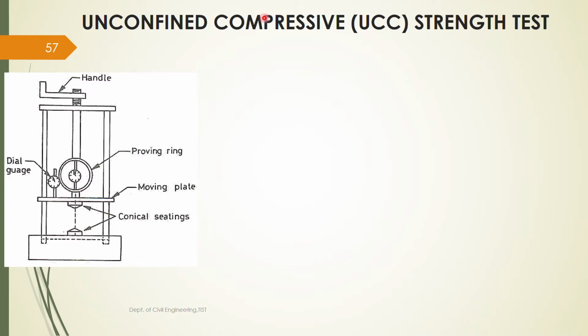Now, if you compare unconfined compressive strength with the triaxial test, we can see that here we are not providing any sigma 3 value. Confinement is not given. That means sigma 3 value will be 0. So we can say that this is a special type of triaxial test.